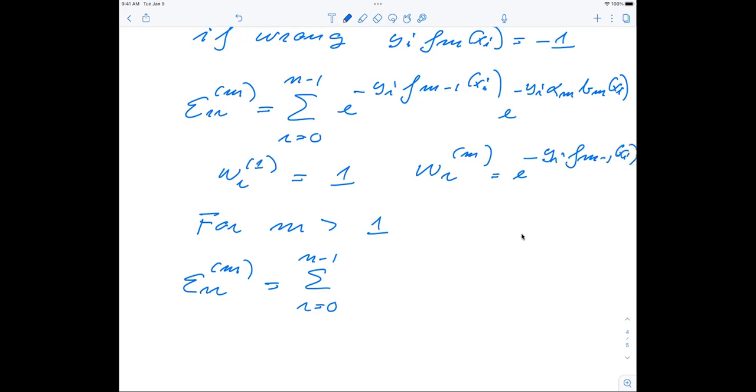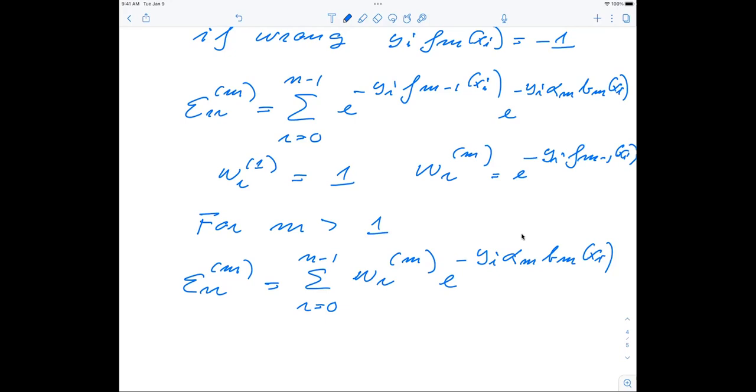And we know again that the argument is either plus or minus 1. So we can rewrite this as w i of n multiplied with e to the minus y of i, of this alpha m, the new values of b n, and then x of i here. So this weight now is going to include the weight which will give a positive argument to the exponential in case we misclassify, and then it's going to have a negative argument in case we classify correctly.